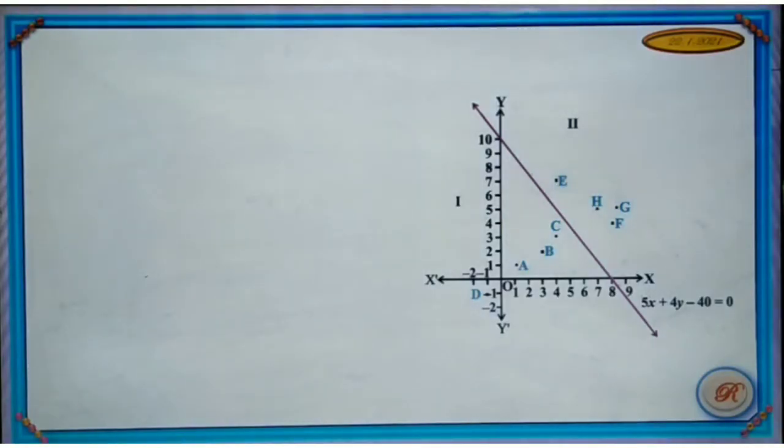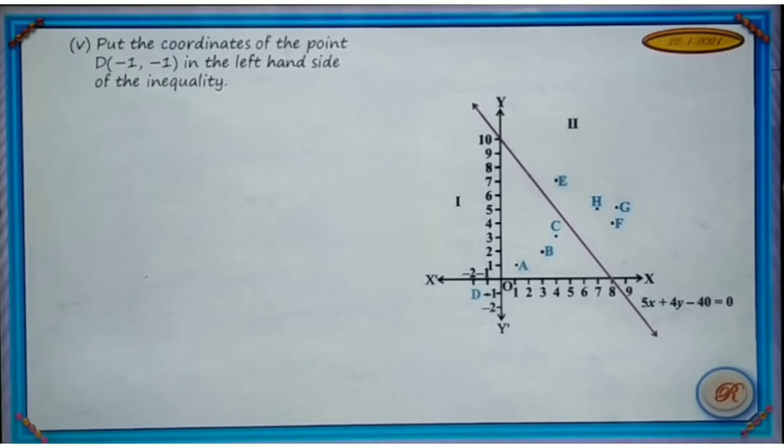Put the coordinates of the point D, minus 1, minus 1, in the left hand side of the inequality. Value of LHS is equal to 5 into minus 1 plus 4 into minus 1 minus 40 is equal to minus 49, which is less than 0. So, the coordinates of D, which lies in the half plane 1, satisfy the inequality.